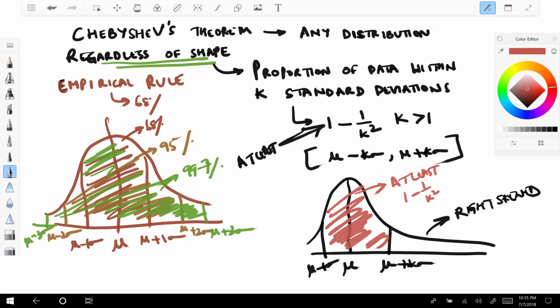So we will try to put some values for k and look at what percentage of data we get.